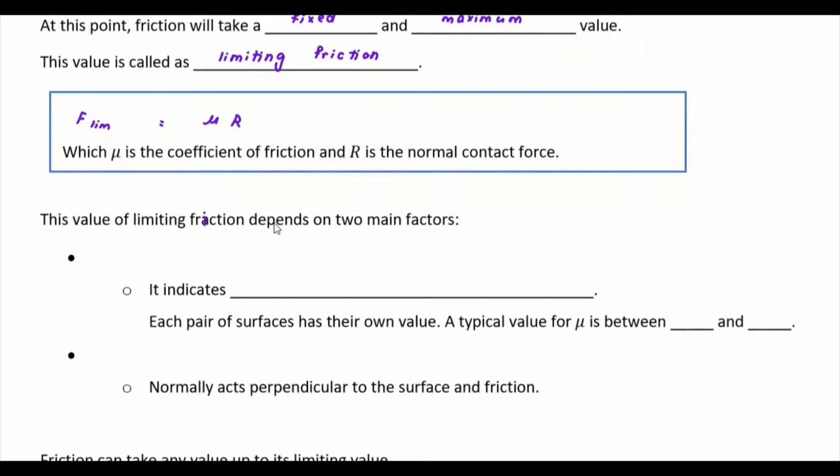Okay, so this value of limiting friction will depend on two factors, which is what we have mentioned here. The first one is the coefficient of friction, which we denote as mu. This coefficient of friction tells us how rough the surfaces are.